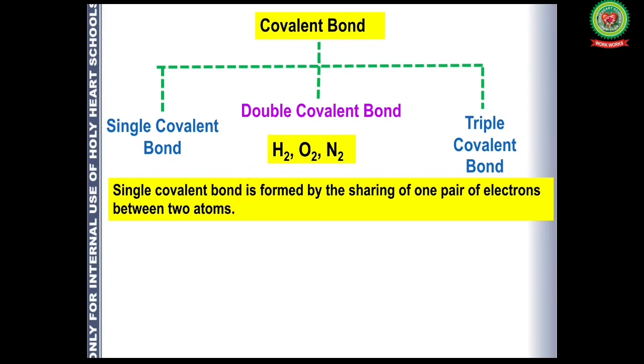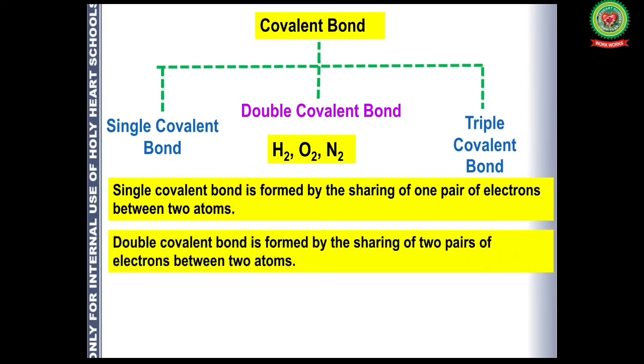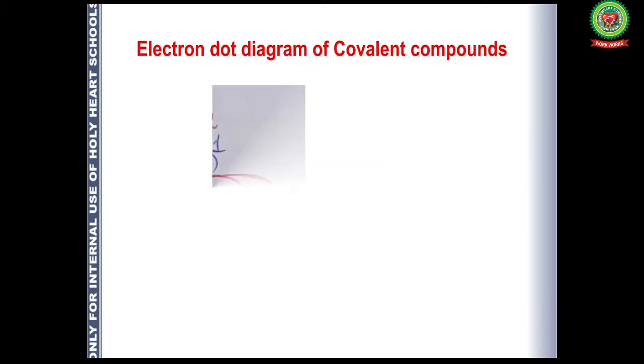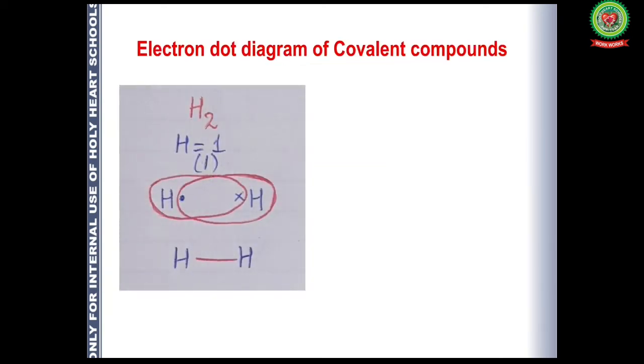The example is hydrogen. For double covalent bond, the name itself suggests, if single means one pair, then double means two pairs of electrons, and triple covalent bond means three pairs of electrons, as in the nitrogen molecule. One by one, let us study their electron dot diagrams to see why they are known as single, double and triple covalent bonds.